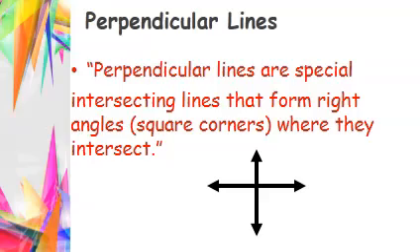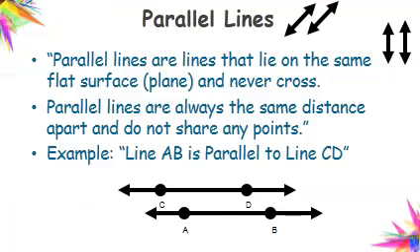Like if you look at this figure, they are intersecting because they meet at a point, but these are special intersecting lines because they form a right angle or a square corner. And here we go for the last type of lines, parallel lines. What's the meaning of parallel lines? They are lines that lie on the same flat surface and never ever cross each other.